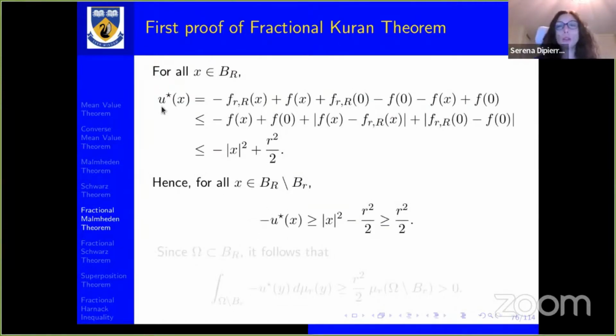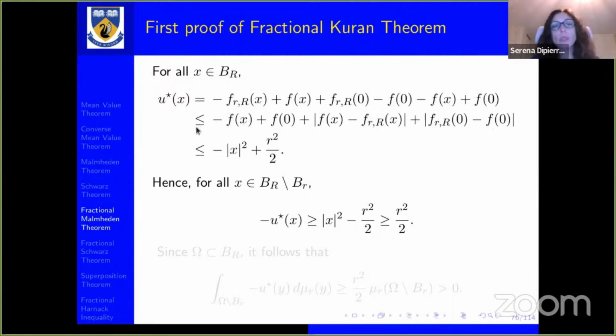So let's start with U star, so that we don't mess up the signs. U star is minus f_{r,R} of x, and then plus f_{r,R} of 0. I will add and subtract f of x and f of 0. Then I put together f of x with minus f_{r,R} of x, and the same for 0. What remains is f of x minus f_{r,R} of x plus f_{r,R} of 0 minus f of 0.